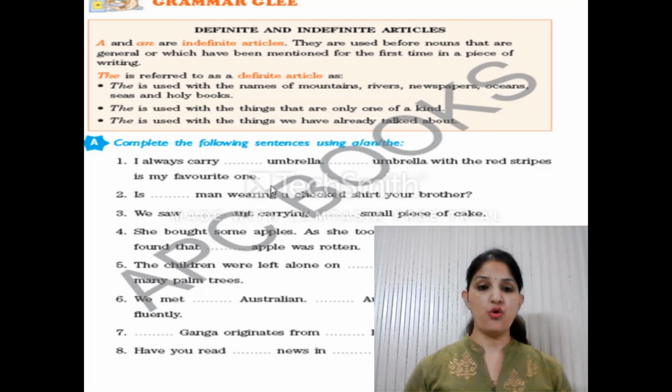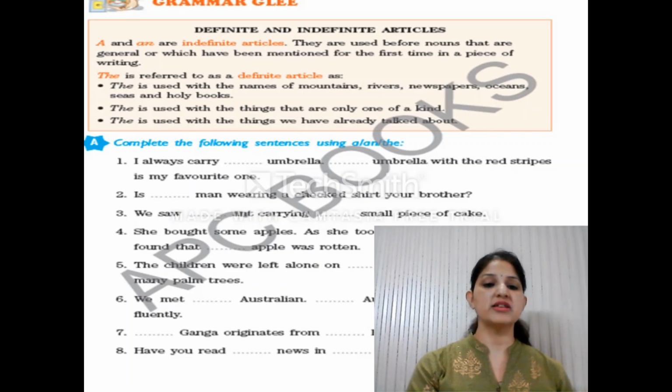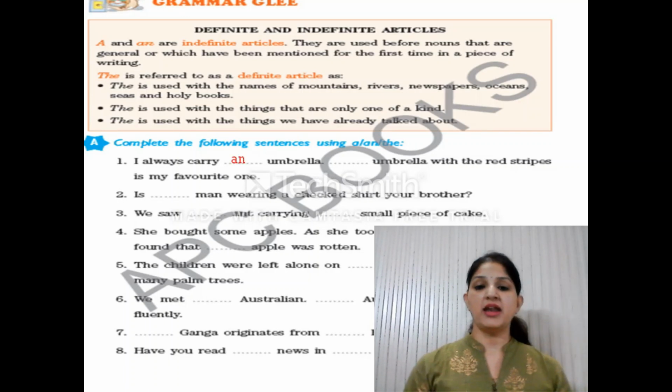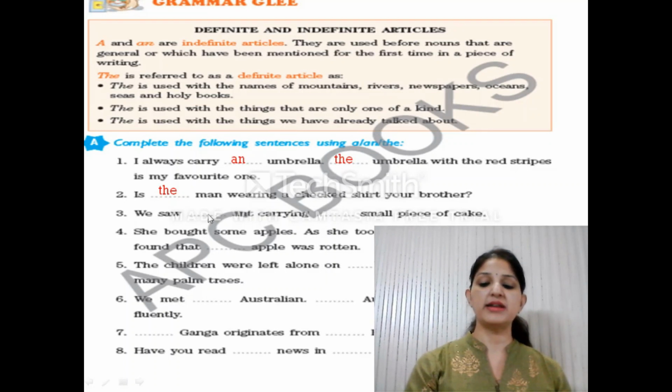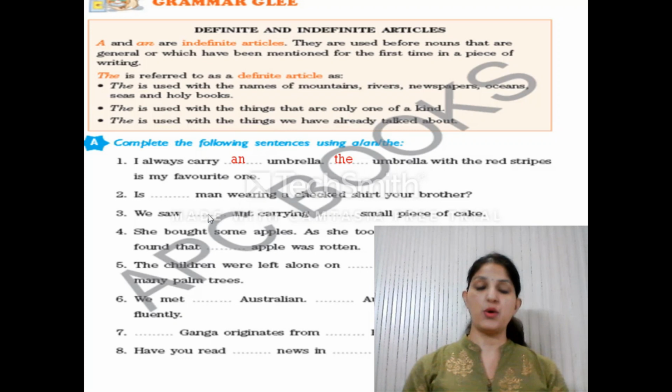As you know, the sound of u in umbrella is a vowel sound, so we will use an for the first time in the first blank. And when we are talking about the same umbrella for the second time, we will use the. So, the umbrella with the red stripe is my favorite one. Sorry, there is a mistake here: T should be capital because a new sentence is starting.